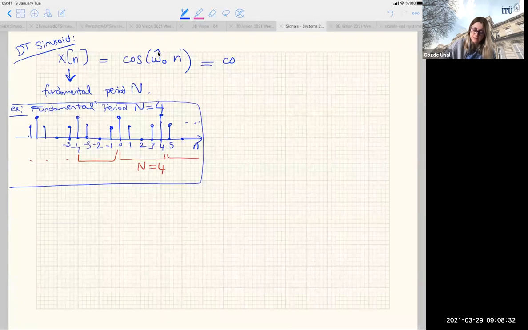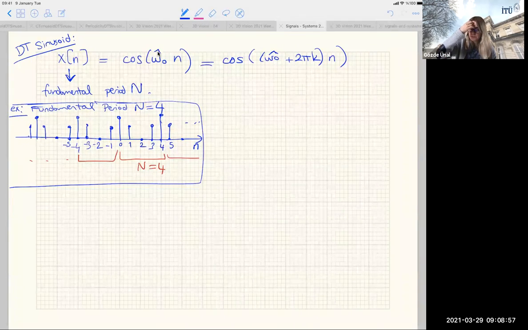Cosine omega 0 hat. You see, this is the normalized frequency. Let's add multiples of 2 pi on top of omega 0 hat. I know cosine is periodic with 2 pi, but let's show it will repeat itself after some multiple of this.